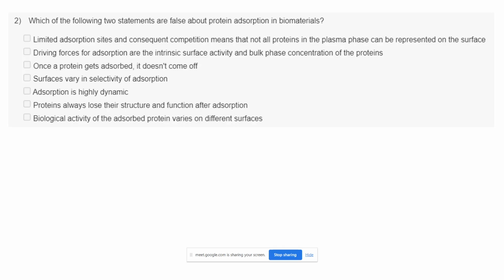Once a protein gets adsorbed, it doesn't come off. Surfaces vary in selectivity of adsorption. Adsorption is highly dynamic. Proteins always lose their structure and function after adsorption. Biological activity of the adsorbed protein varies on different surfaces. You have to select two statements that are false.